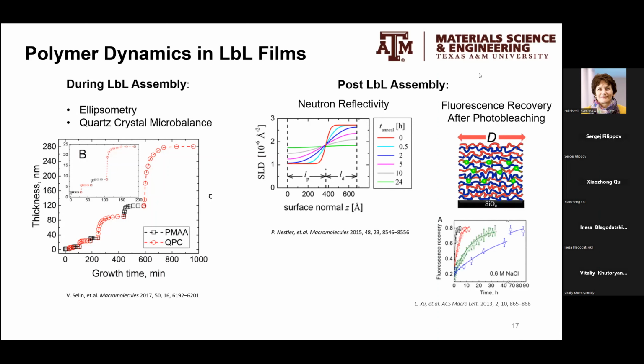We also have the fluorescence recovery after photobleaching technique, and neutron reflectometry and fluorescence recovery after photobleaching measure dynamics in two orthogonal directions. Neutron reflectometry looks at the diffusion of the chains perpendicular to the substrate. With FRAP, you look at chain motion in the direction parallel to the substrate.